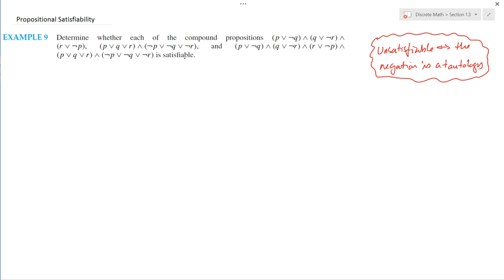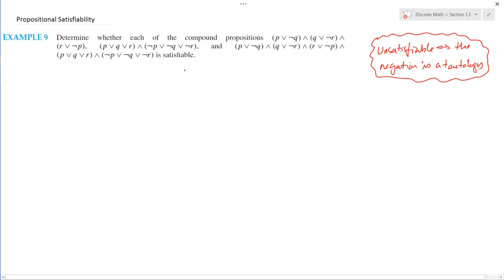So it's the same thing here. If you have an expression such as the ones that you see in front of you, and you can find some combination of truth values that satisfies it, then you have actually found a solution for this expression.